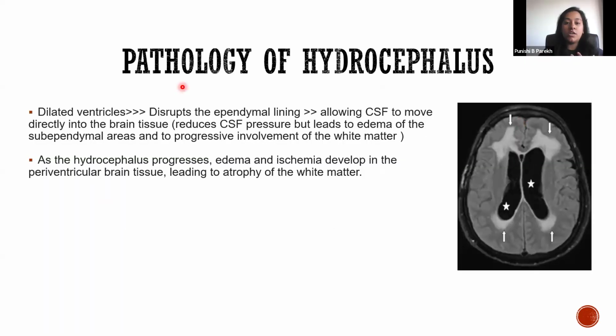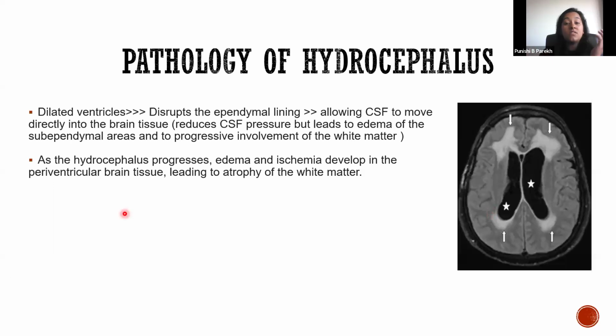Now, what is the pathology of hydrocephalus? Once the ventricles dilate, they disrupt the ependymal lining across the ventricles. When there's disruption of this lining, it allows the CSF to move out of the ventricles into the surrounding brain tissue. This in turn helps in decompressing the ventricles, but due to the accumulation and pressure of CSF in the surrounding white matter of the brain, it results in edema, ischemia, eventually atrophy of the white matter.